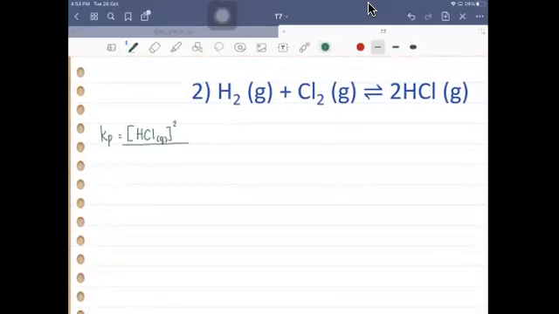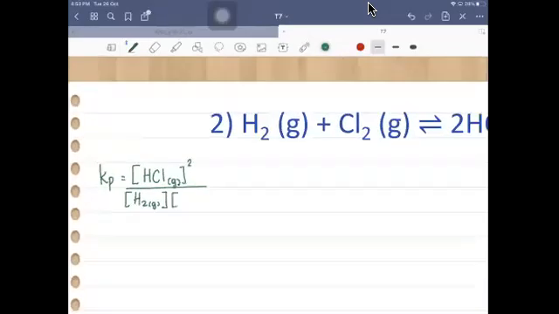Over the concentration of my reactants. So the concentration of hydrogen gas to the power of 1, because there's only one mole reacting there, times by, it has to be multiplication, okay? It's not addition. Times by the concentration of chlorine gas, also to the power of 1.